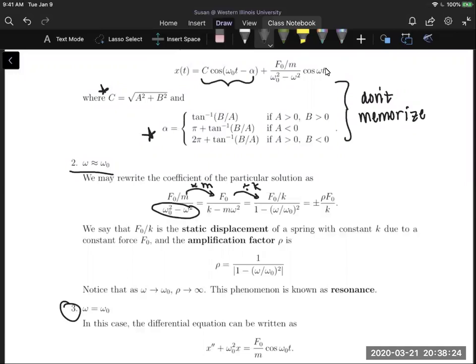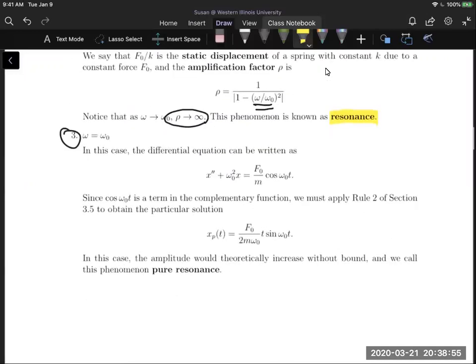But again, the important part is that that coefficient there is tending towards infinity due to the fact that if these guys are really close to one another, their ratio is about 1, and so that denominator is getting really close to 0. So when this happens, this is called resonance, okay? So you'll see this term resonance in some electrical engineering courses, perhaps even as early as this semester in your circuits course. And so I wanted you to be aware of that if you run into it.